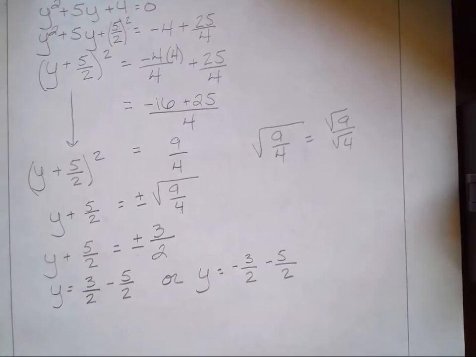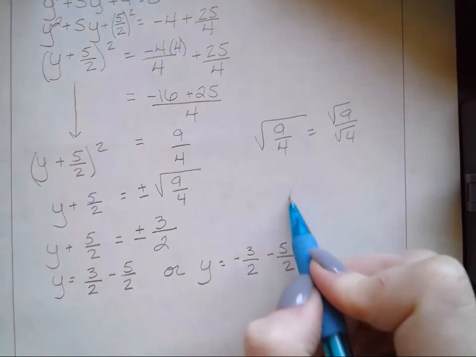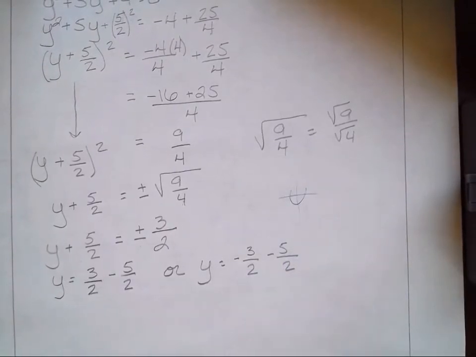Because remember, we're solving a quadratic and we have usually 2 real roots. We could have 2 imaginary roots, or we could have 1 real and 1 imaginary, but we have the or, because we're looking for where the parabola crosses over that x-axis.